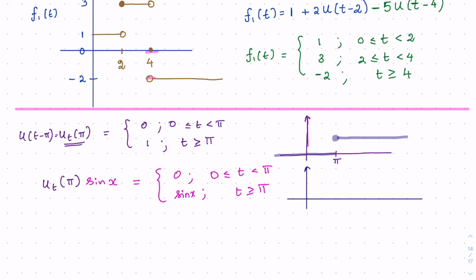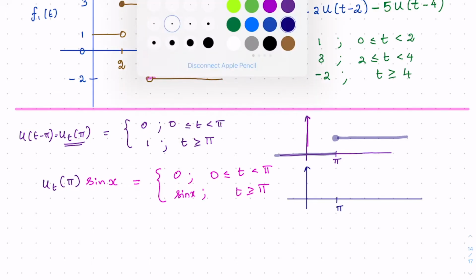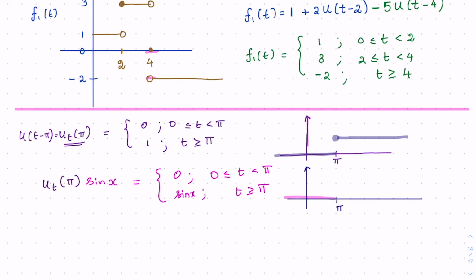This is 0 until it's pi. Here's my pi. It's 0 until this is pi, and then it becomes a sine x. Sine pi is 0, and it's going to go up and down like that, right? So here you have a 0, and here you have a sine x function, and that's what happens when you multiply a function with the unit step function, right?